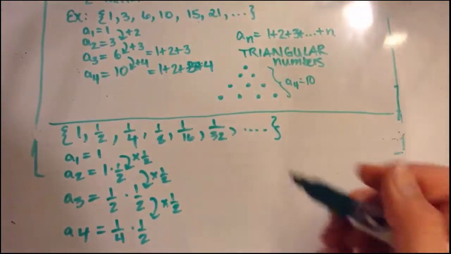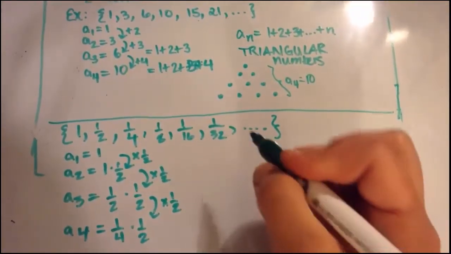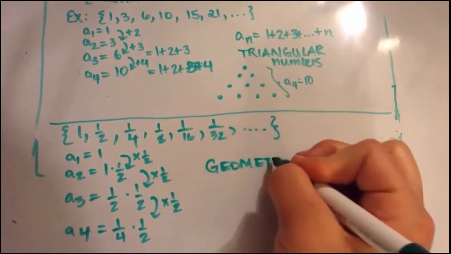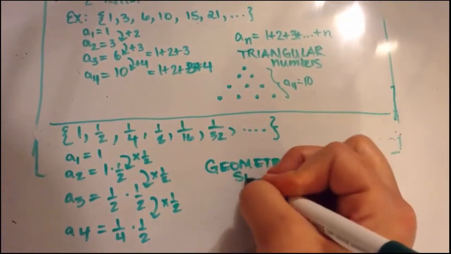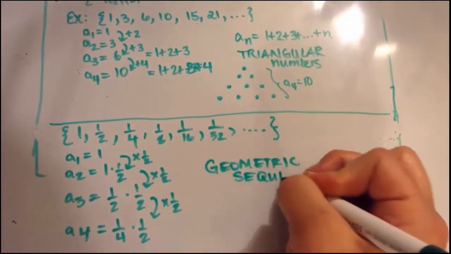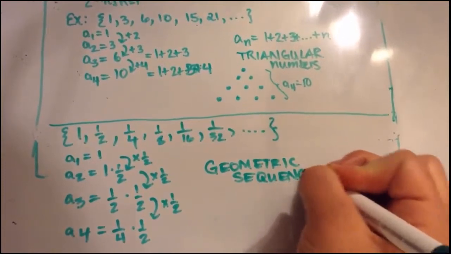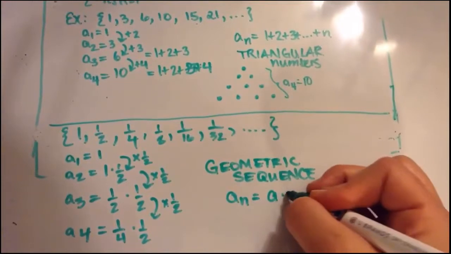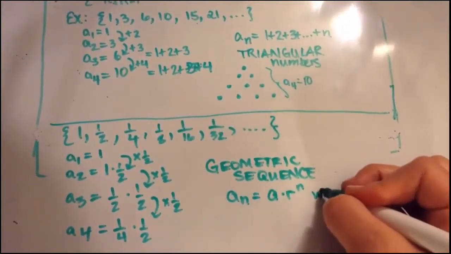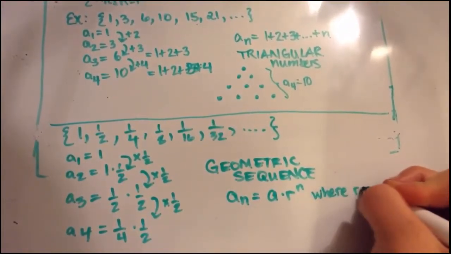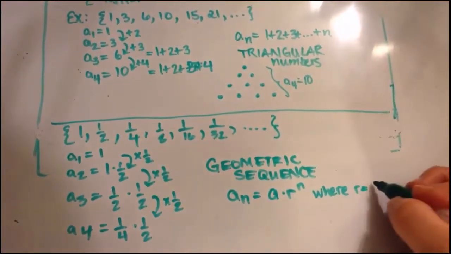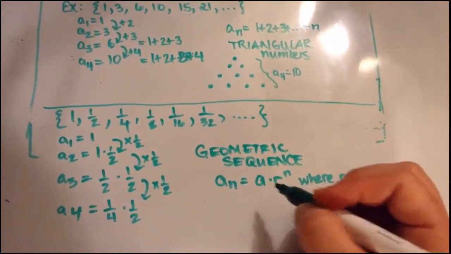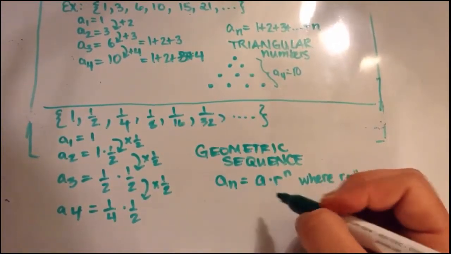When there's a constant ratio that determines the next term like this, it is an example of a geometric sequence. The general form for a geometric sequence is that a sub n will equal some initial value a times r to the n, where r is a constant ratio. Every term is then a greater power of that number r.